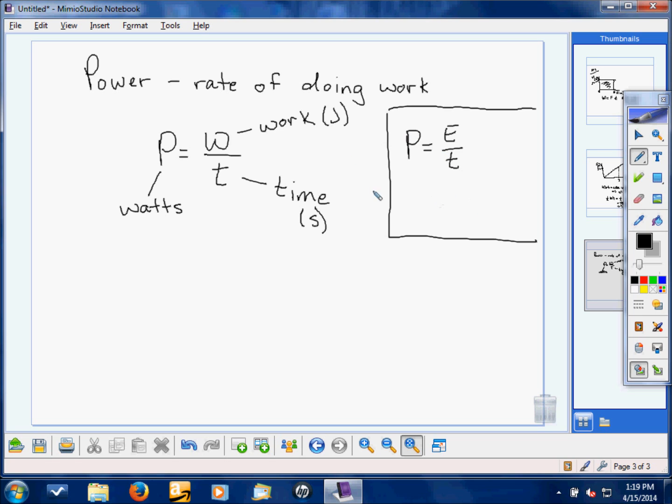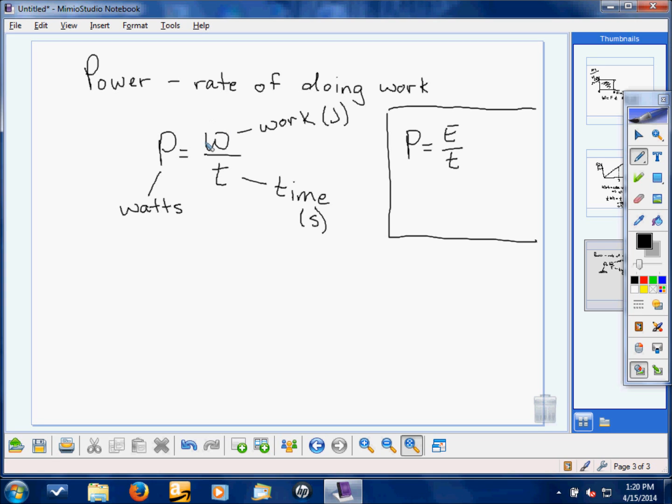We think about this type of power more when we're thinking about electricity. It's still joules per second. You can measure how much energy is going through a light bulb per unit time. When you have a 60 watt bulb, it's 60 joules every second going through that bulb.